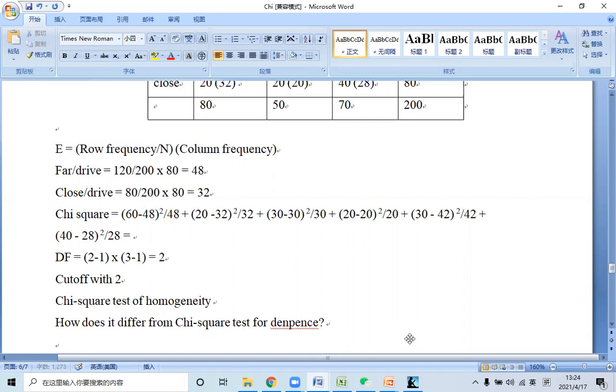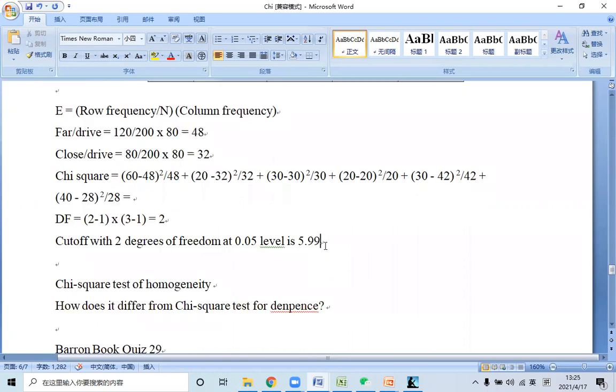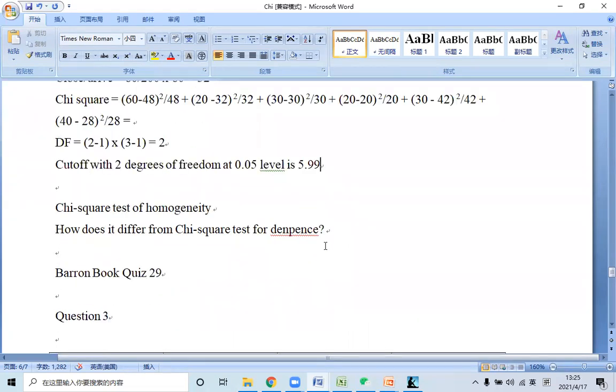With 2 degrees of freedom at the 0.05 level, the cutoff is 5.99. Once you calculate your chi-square value, you can compare it with 5.99 to figure out whether it's extreme enough to reject the null hypothesis.